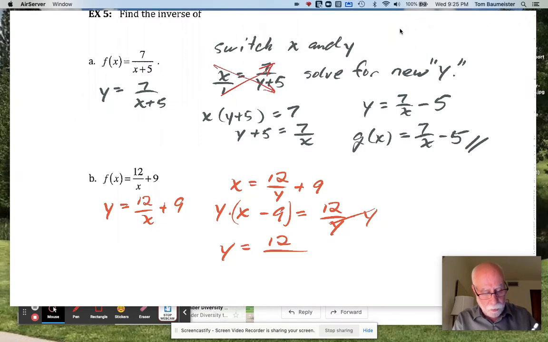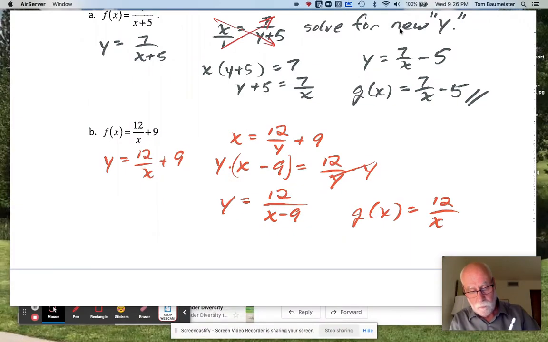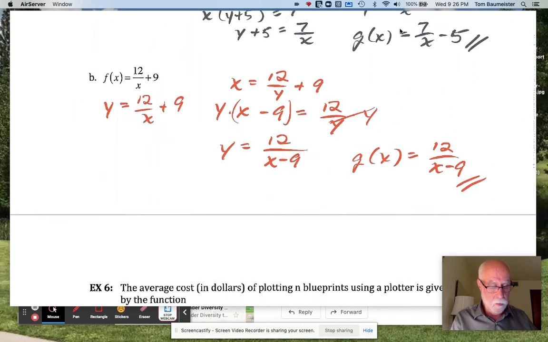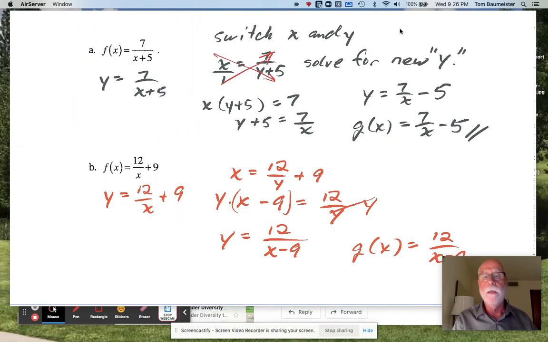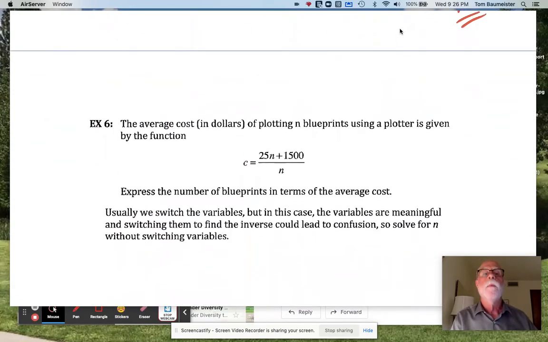Since I already put it in parentheses, it's going to stay in parentheses at the bottom. And again, our textbook will call it g of x. All right, so I guarantee you there'll be ones like that, like either A or B. Okay, not both of them, but like one or the other.